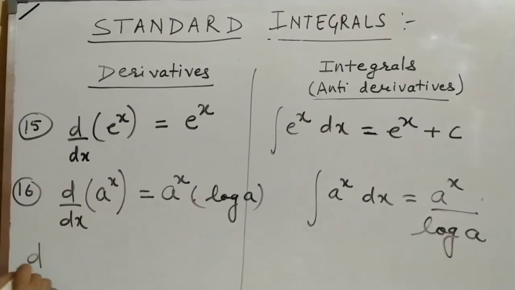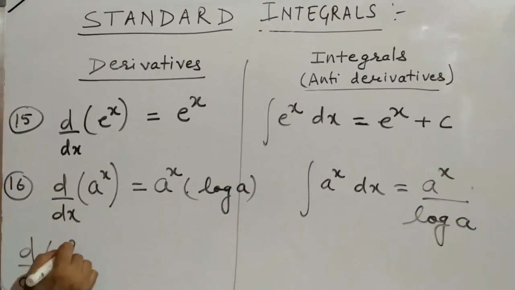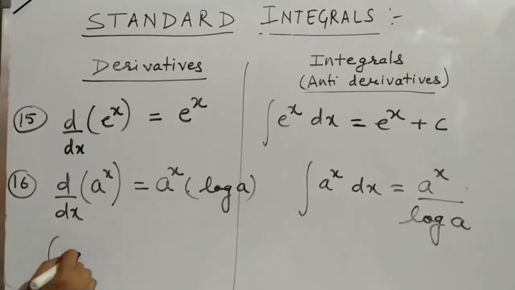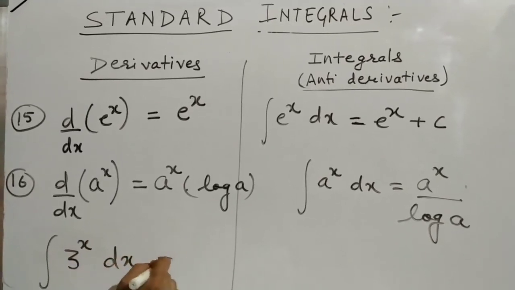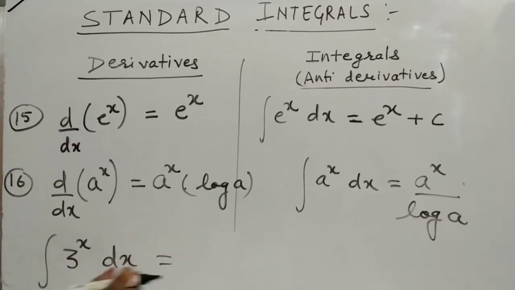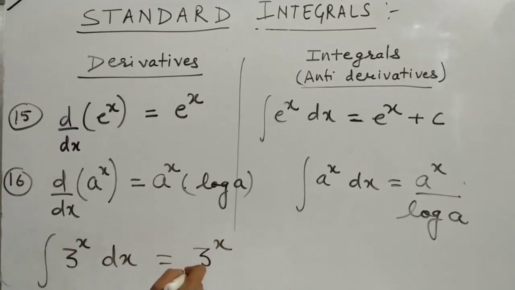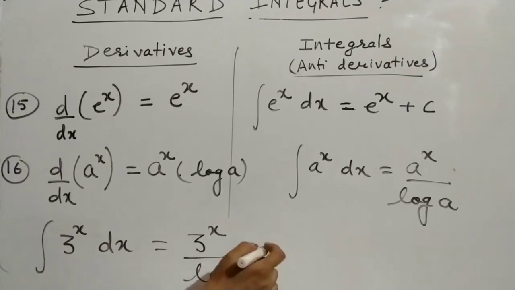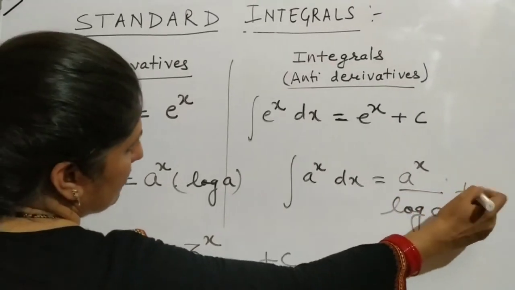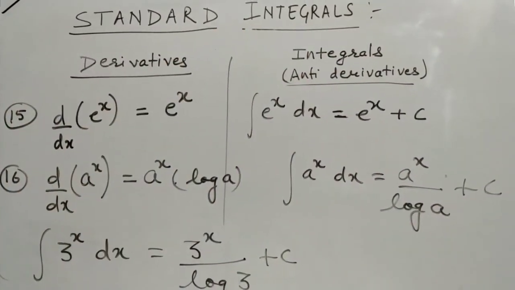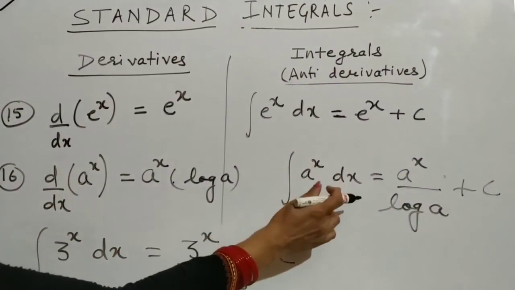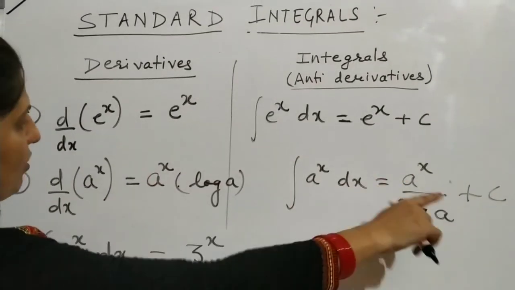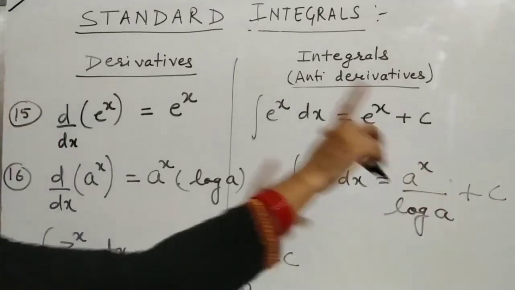For example, if you have to find out integration of 3 to the power x with respect to x, then it is equal to 3 to the power x over log of 3 plus c. Here also we have to add c. Clear? So integration of a to the power x with respect to x is equal to a to the power x over log a plus c.